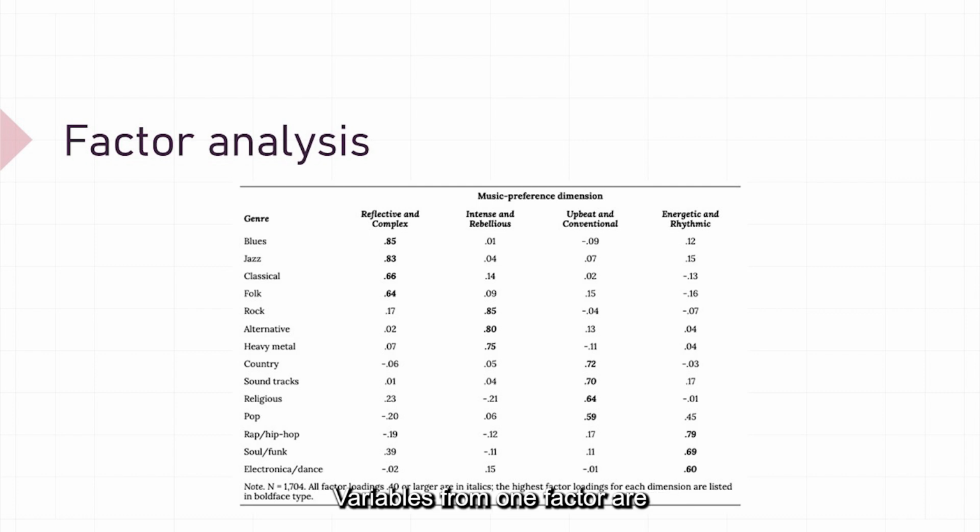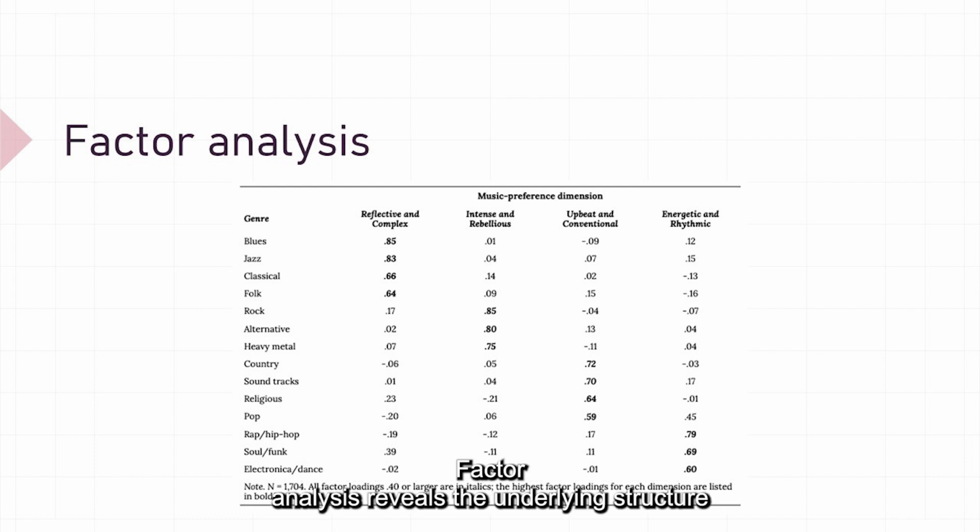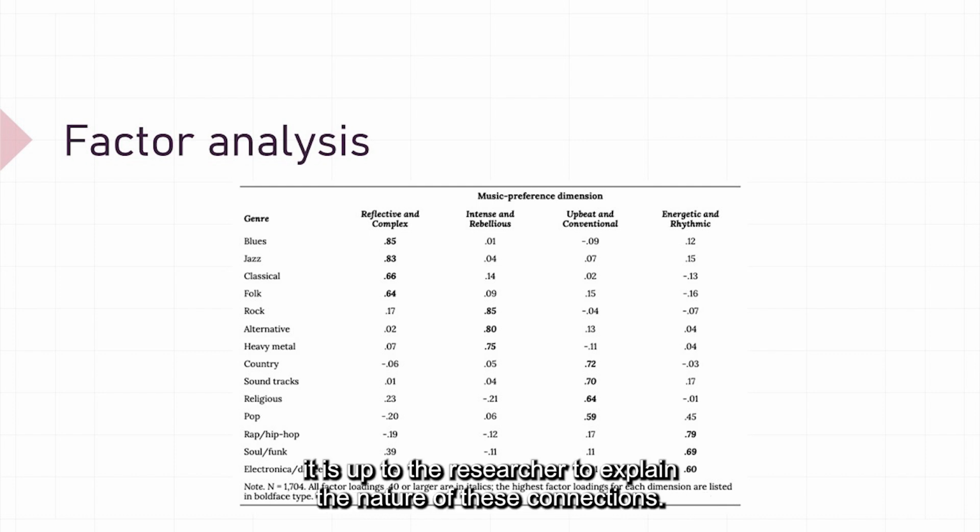Variables from one factor are highly correlated with each other, but weakly correlated with variables that are not in this factor. Factors are constructs that operate independently from each other. Factor analysis reveals the underlying structure of the connections between variables. It is up to the researcher to explain the nature of these connections.